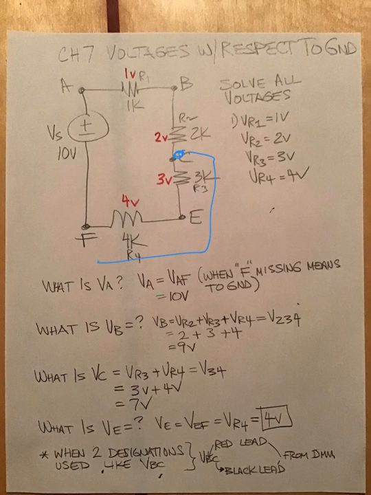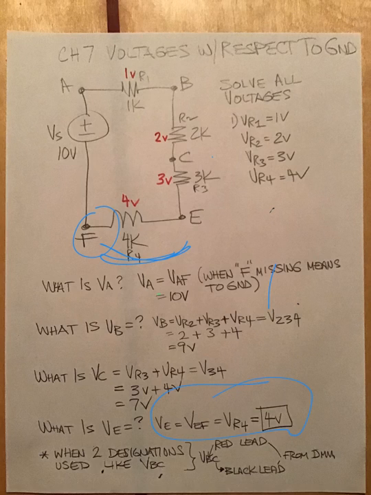And if somebody asks you what VE is equal to, you would look at that and see that VE is sitting right here, one side is across the ground, right here at F. So VE is really VEF, which is really VR4, the 4 volts of the resistor. And that's it. That's what it's about.